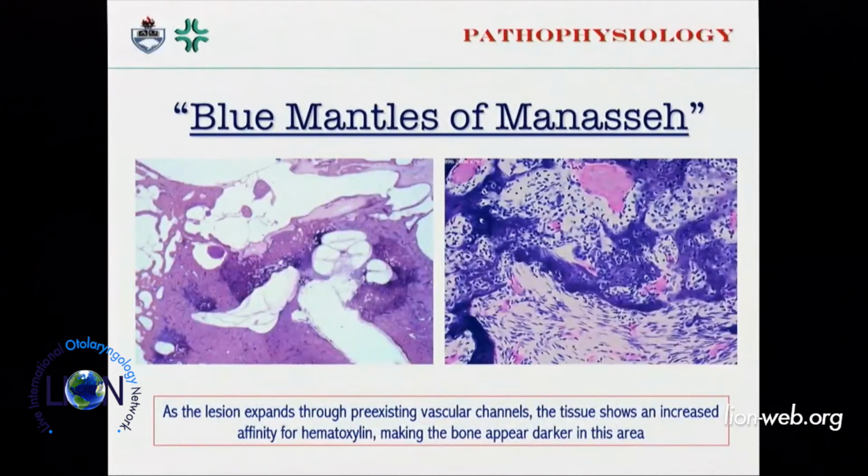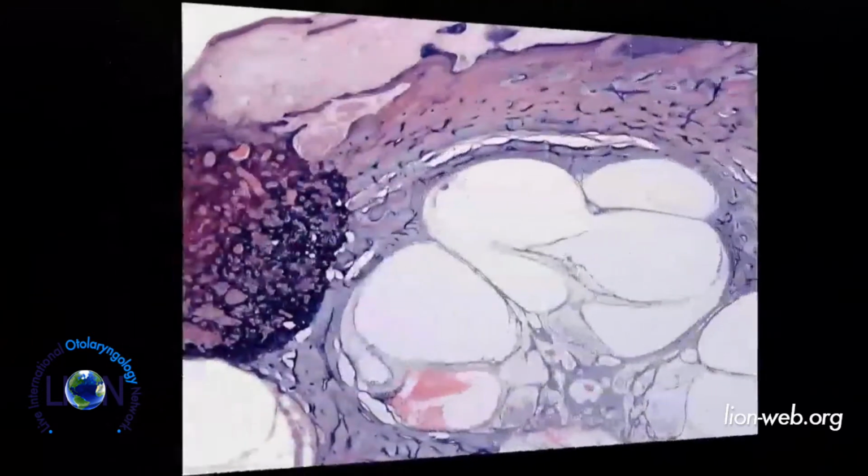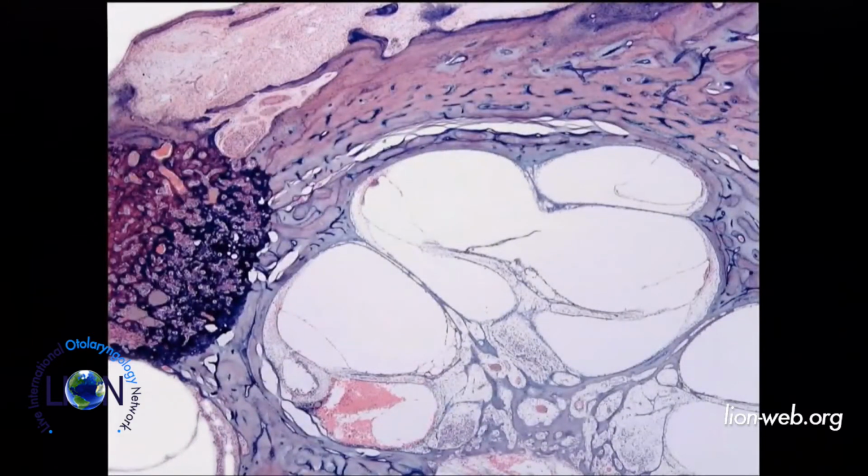As the lesion expands through vascular channels, the tissue shows an increased affinity for hematoxylin, making the bone appear darker in this area. They call it the blue mantles of Manasse. Manasse was the first otopathologist, Paul Manasse, and those are the blue mantles. You know, the advance in front of the otosclerosis is darker. This is the blue mantle.